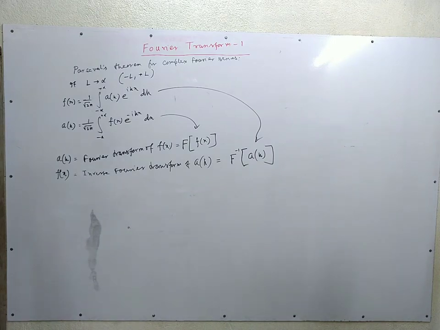We can also define the Fourier transform or other transforms in a general perspective called the integral transformation. Here we have derived the Fourier transform as a limiting case of the complex Fourier series with L tends to infinity.